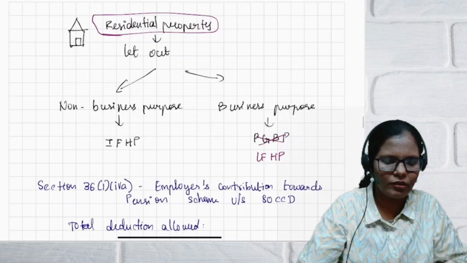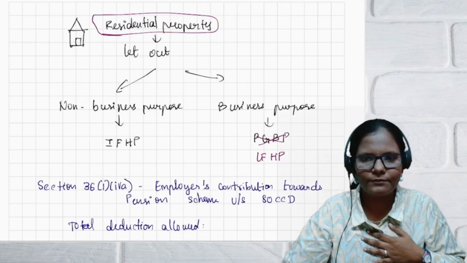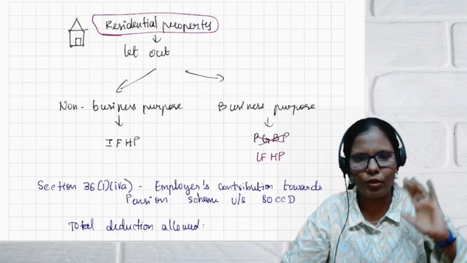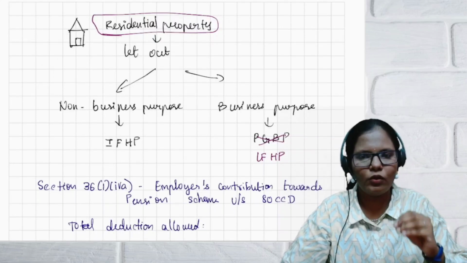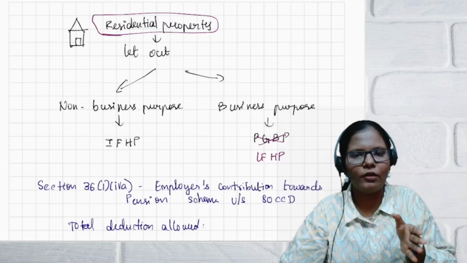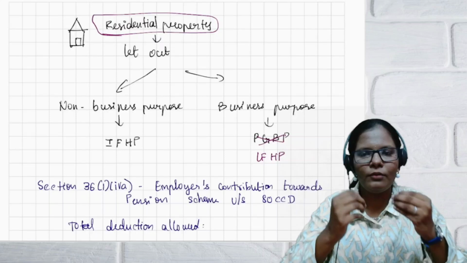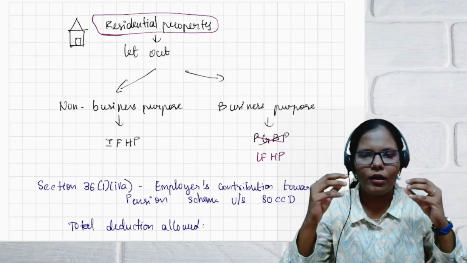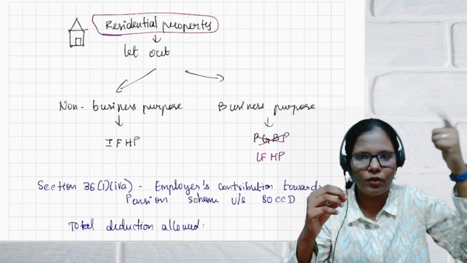Then this is one important amendment. If I have one residential property and I am letting it out, we need to check the purpose: whether I am letting it out for business purpose or non-business purpose. If non-business purpose, then the tax will be levied under the head house property.